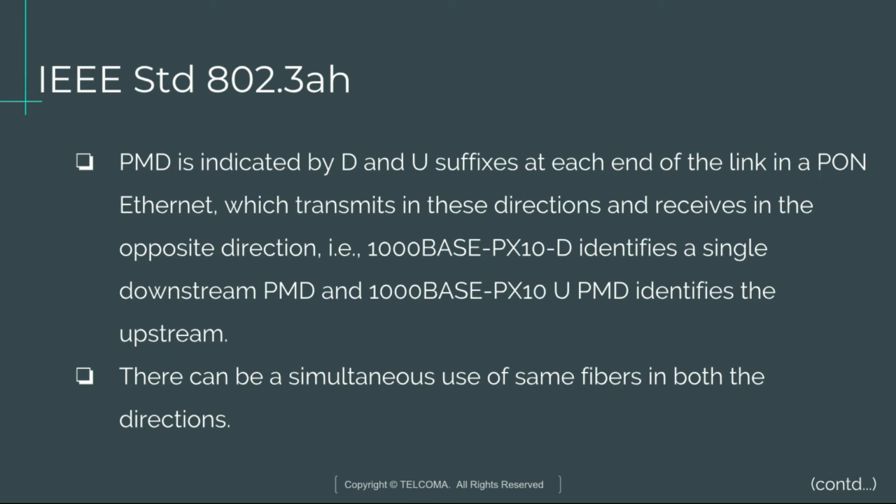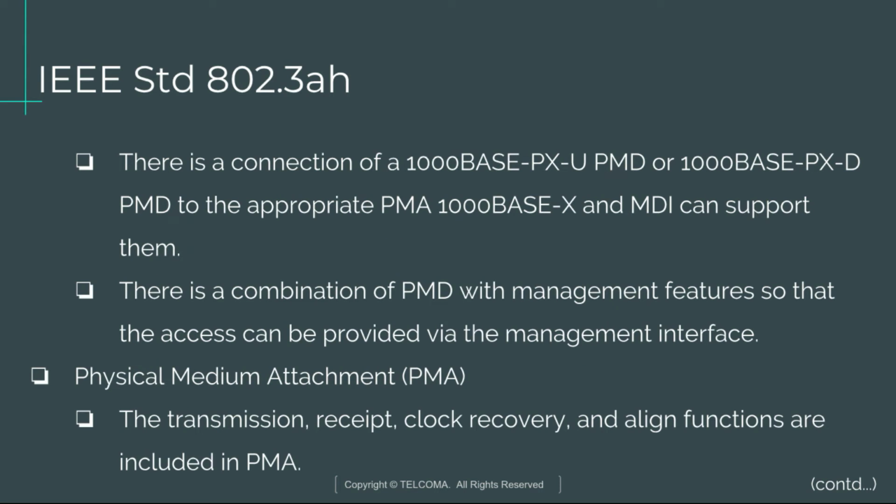That is, 1000BASE-PX10-D identifies a single downstream PMD and 1000BASE-PX10-U identifies the upstream PMD. There can be a simultaneous use of the same fibers in both directions. There is a connection of the 1000BASE-PX-U PMD or 1000BASE-PX-D PMD to the appropriate PMA, and 1000BASE-X and MDI can support them. There is a combination of PMD with management features so that access can be provided via the management interface.